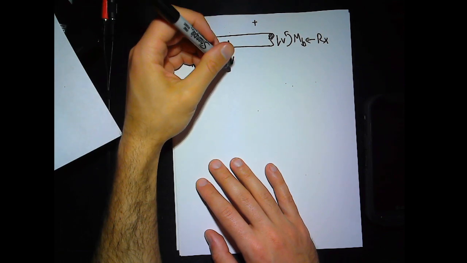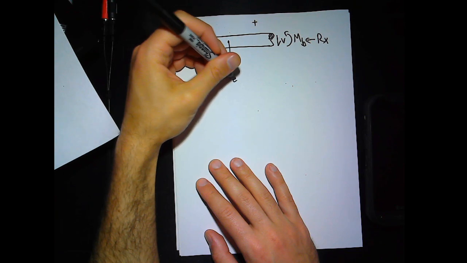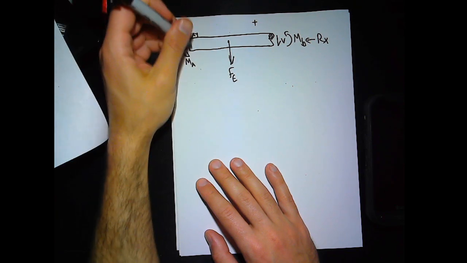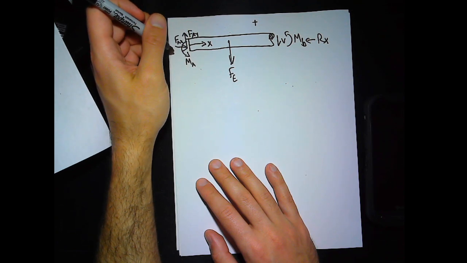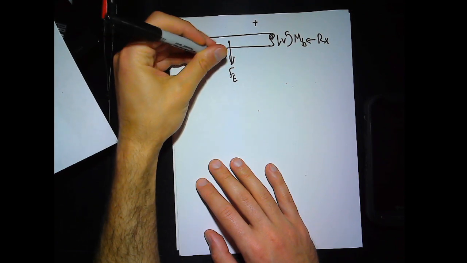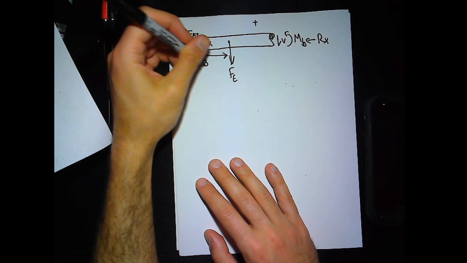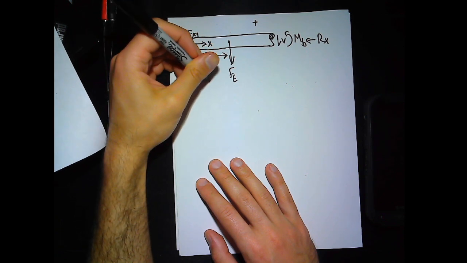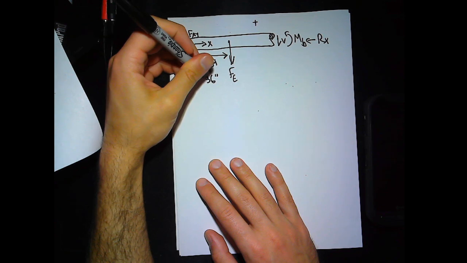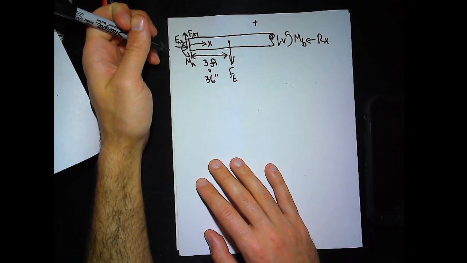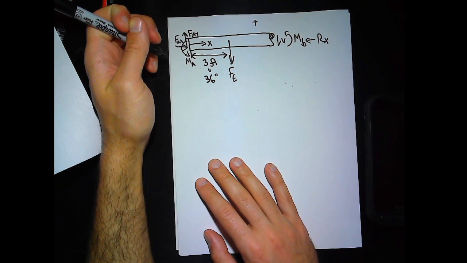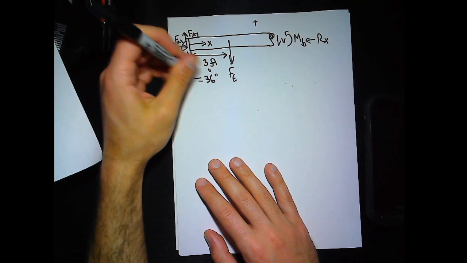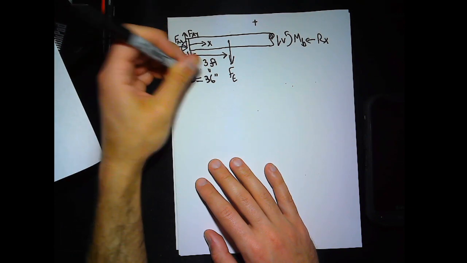Then I'm also including that vertical force in the middle of the beam. I'm still going to measure X from the far left-hand side just for consistency's sake. And I know that FE is at some distance, 3 foot or 36 inches from the wall. Because I used inches in one place, I want to use them everywhere now, so I'm consistent and I don't get screwed up by units. So just call that AE for shorthand.